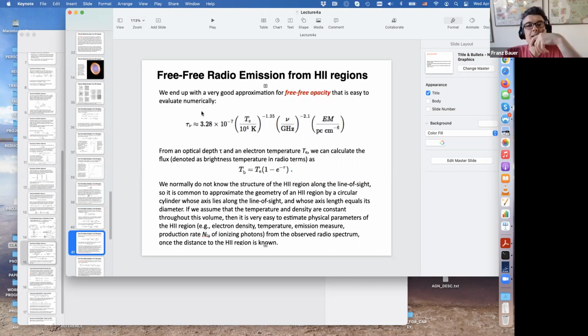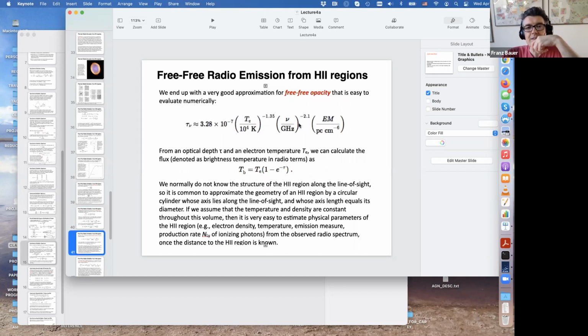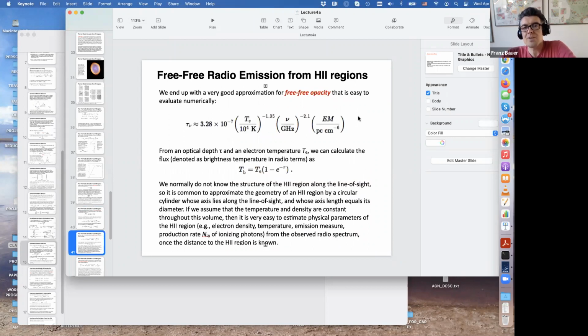And so if we evaluate these different constants here, we can put it in terms that are relatively easy. So if we factor in this logarithmic dependence and this frequency dependence, this is a good approximation. So you see the exponent is very slightly different from 2, and the temperature exponent is very slightly different from minus 1.5.